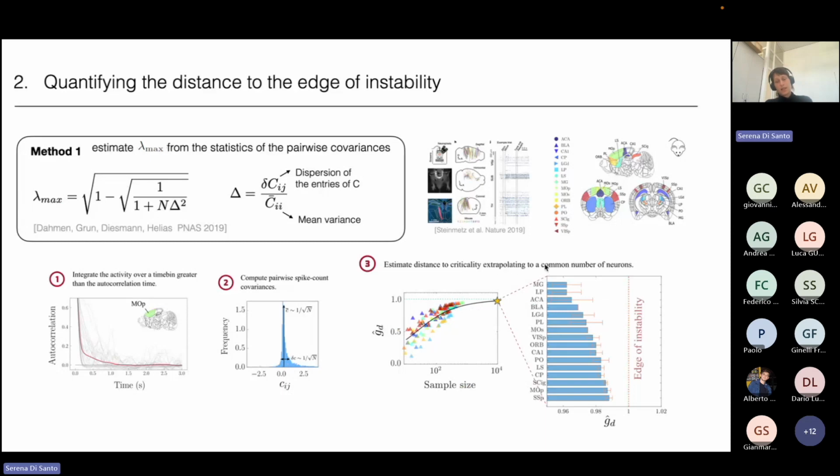And here's just a little technical note: every different region has a different number of neurons here. So if we want to compare across regions, we want to extrapolate to a common number of neurons, 10 to the 4th in this case. And then we can show for each region how close it is to the edge of instability, so g hat T equal to 1. All we can see is that all the considered regions are pretty close to this edge of instability.